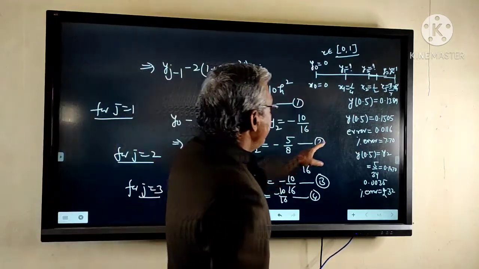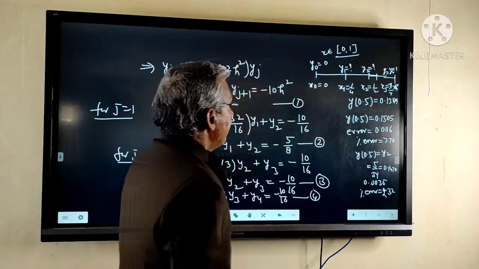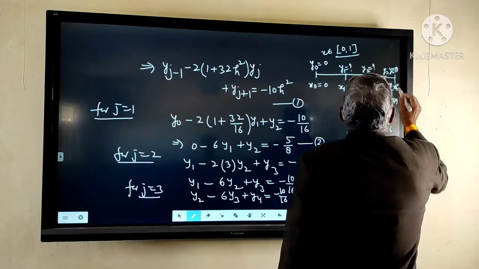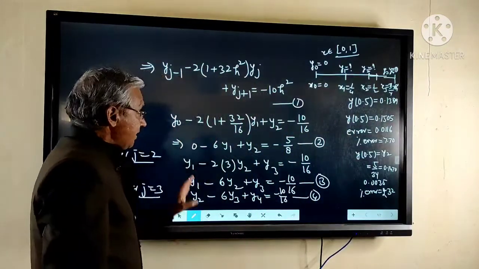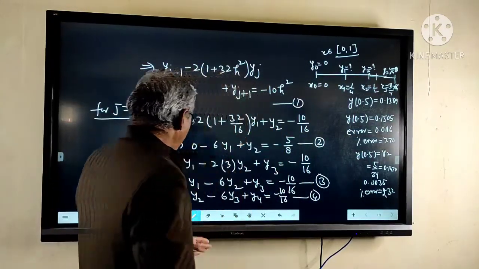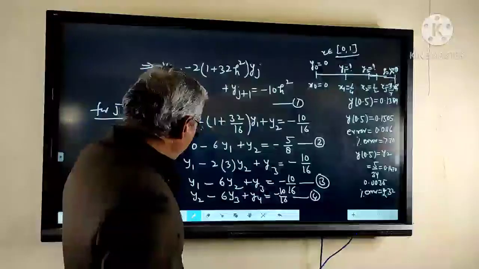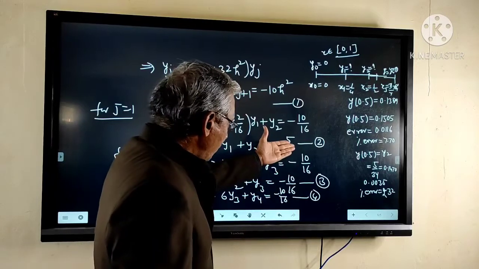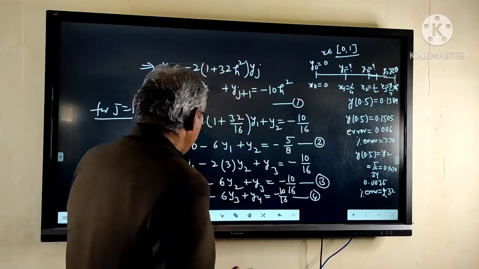Here y4 is 0 and y0 is 0. So first of all we substitute the values of y0 and y4, then solve equations 2, 3 and 4.